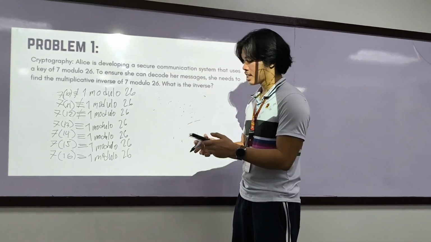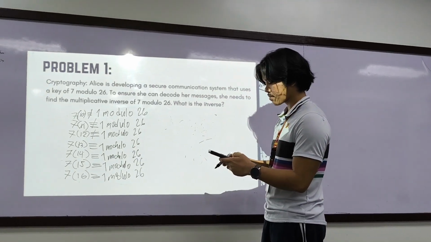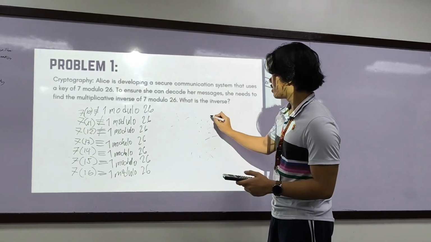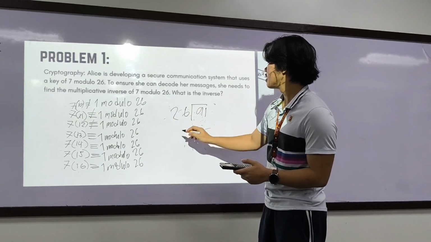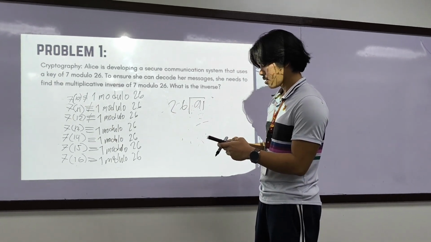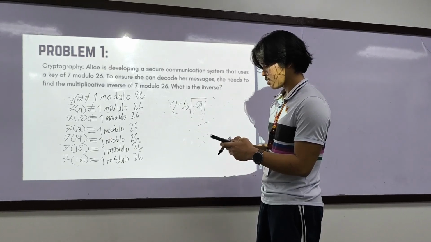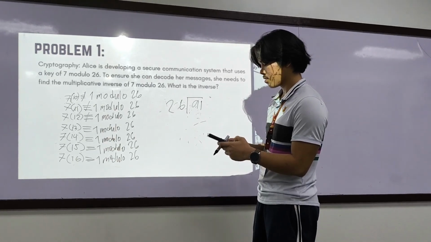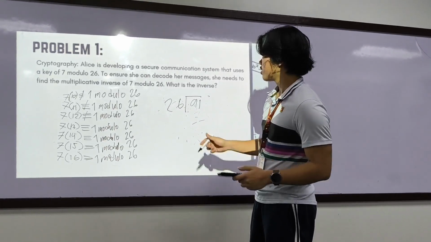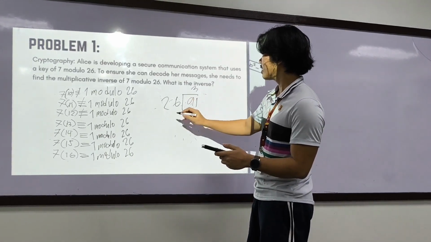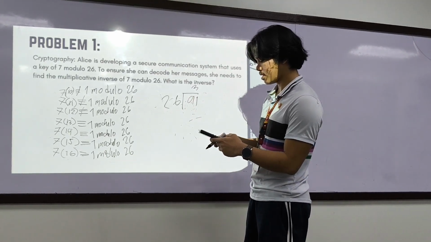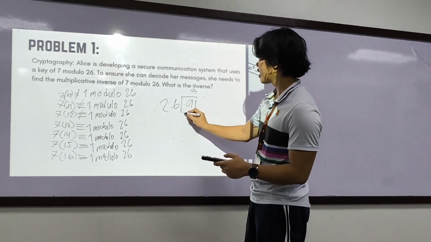And we have here 7 times 13, which is 91. Let's divide 91 by 26. 91 divided by 26 is equal to 3, and 3 times 26 is 78.